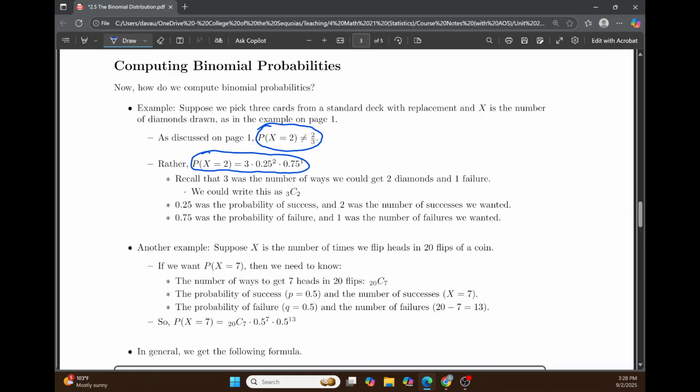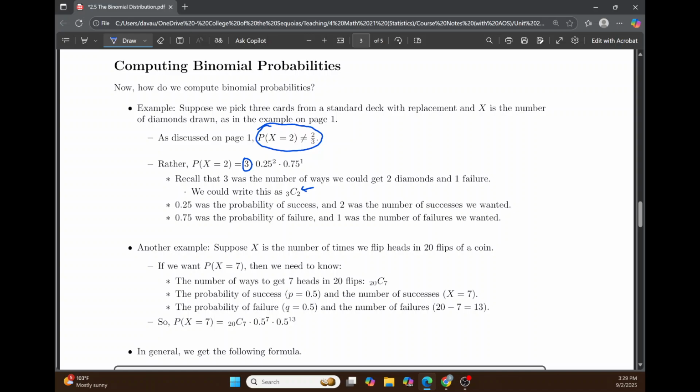Let's break that down a little bit more. So recall that 3 is the number of ways that we could get 2 diamonds and 1 failure, right? We listed out all of the ways that could happen on page 1. There were 3 ways that it could happen. Well, mathematically, the way that we could write that down is as 3 choose 2, okay?